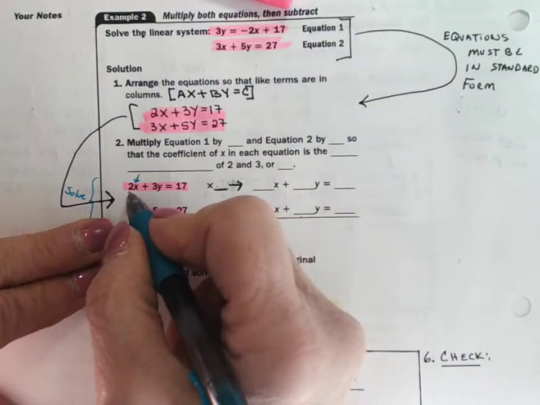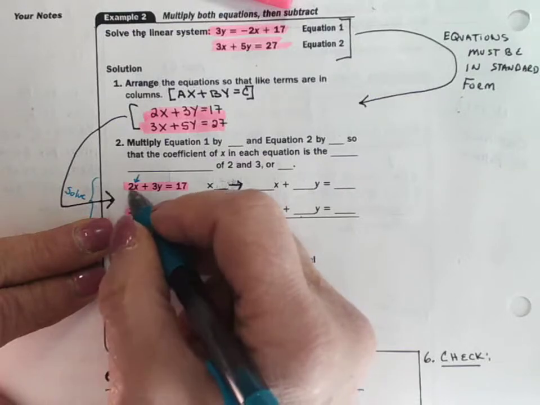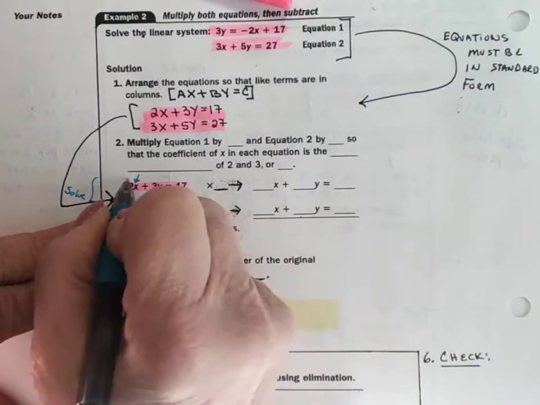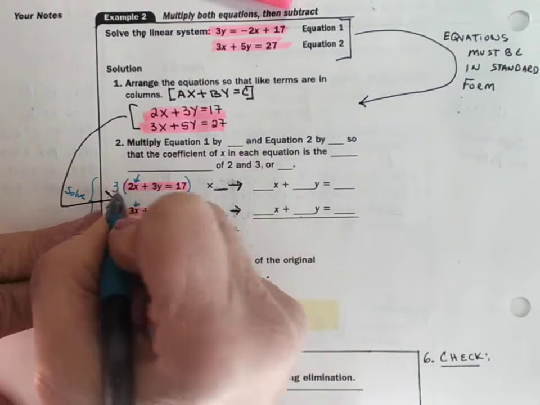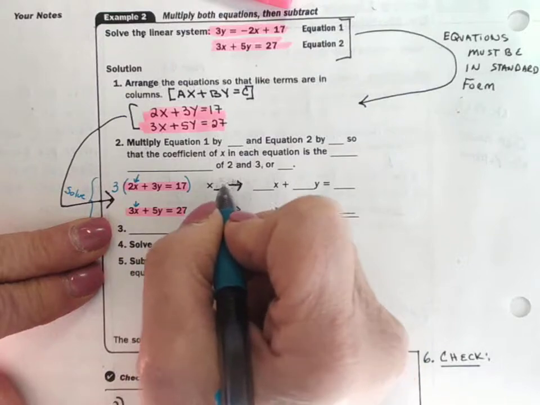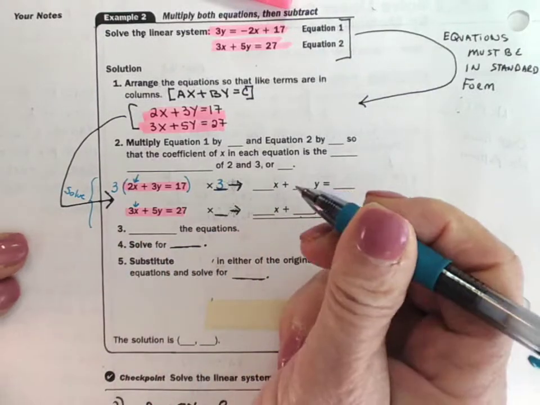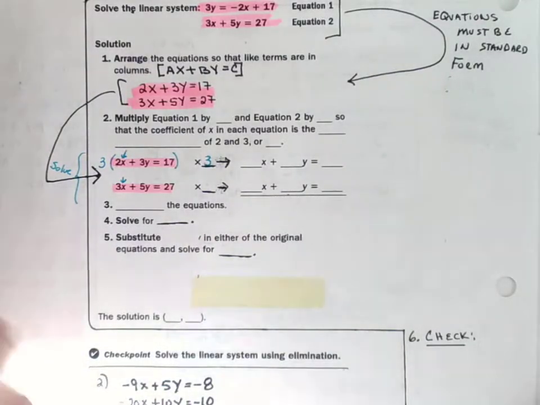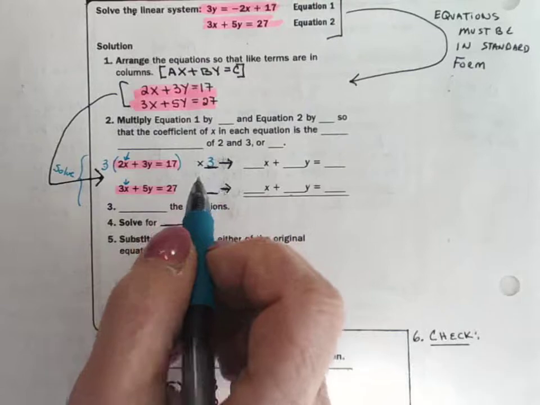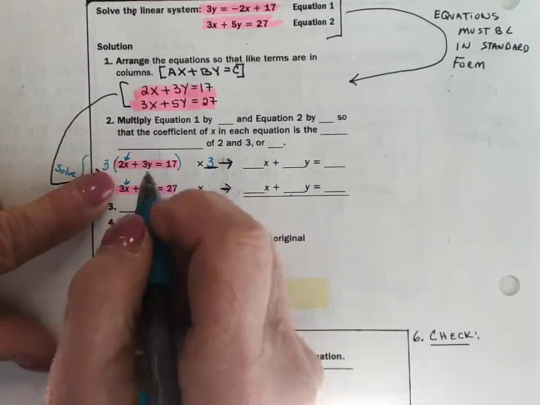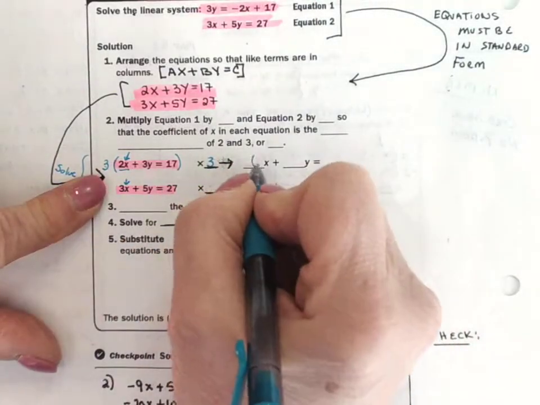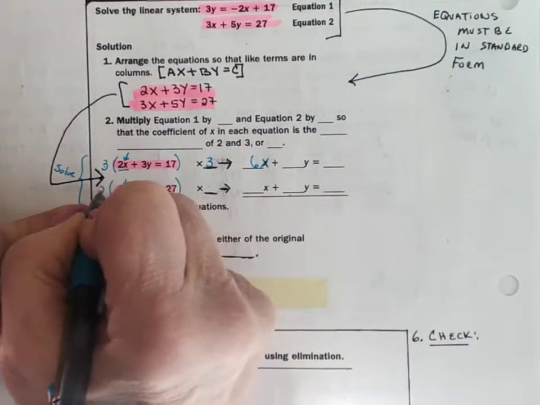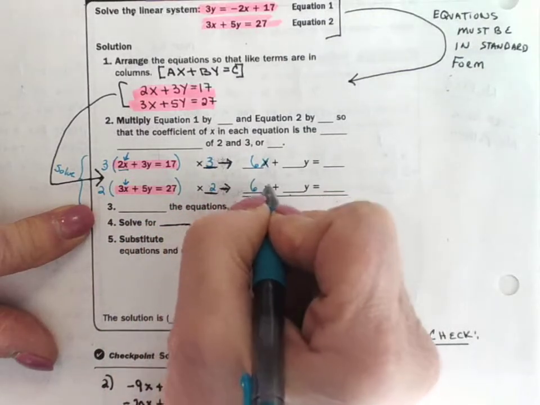Okay. So, in this case, because my coefficients are 2 and 3, if I multiply this top one by 3, I get, and actually the 3 should go over there. So you can write it here or there. I multiply this, and I'm looking at the x, and I get 6x. I multiply this equation by 2, I get 6x.